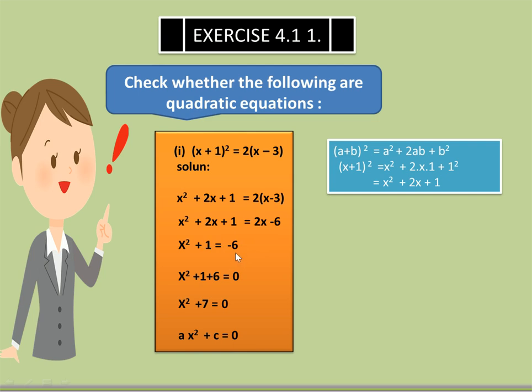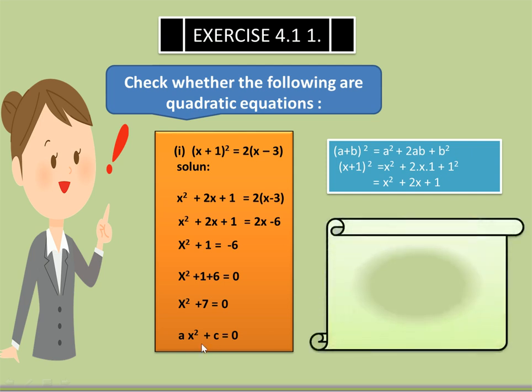Okay, now take this minus 6 to left hand side, it becomes the plus 6. So the equation becomes x square plus 7 is equal to 0. So it's in the form of quadratic equation. Actually this quadratic equation is called pure quadratic equation because here coefficient of x is 0. Okay, it's very important.